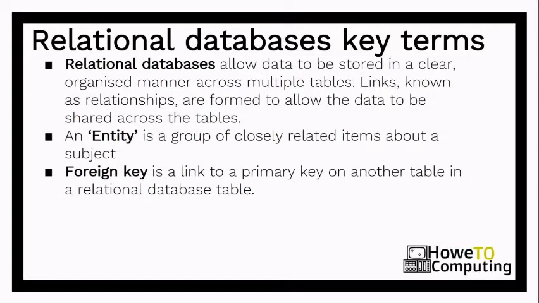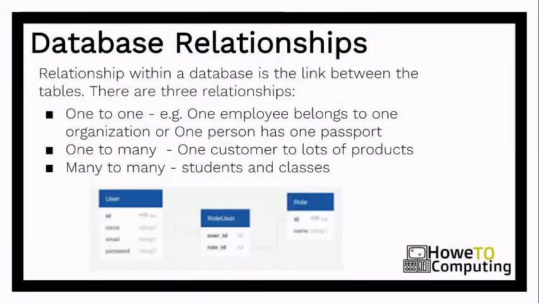Relational databases allow data to be stored more clearly and organized, and make it quite a bit clearer. With relational databases, we have different relationships, so tables can link together. We have a one-to-one relationship, for example one employee belongs to one organization, or one person has one passport, so there's one and one. One to many is where one customer has lots of products.